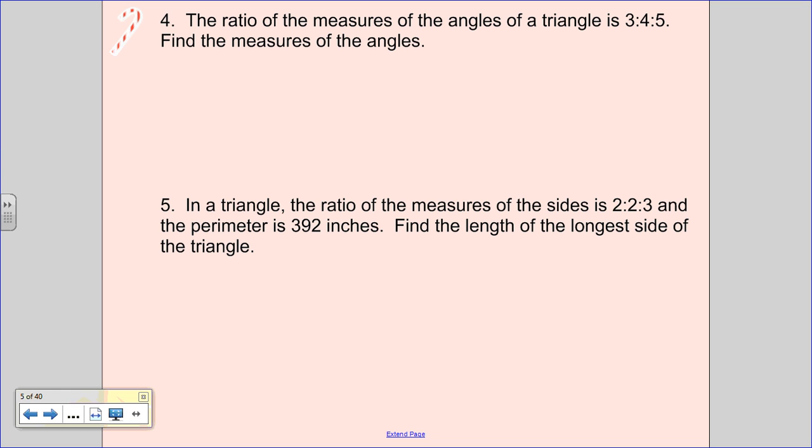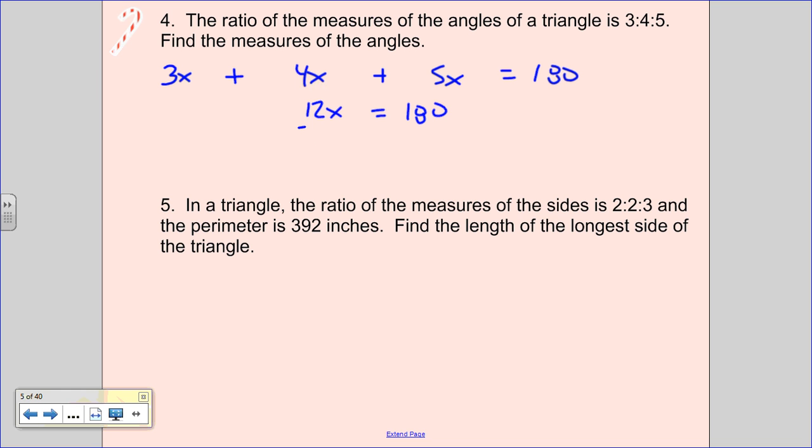Since we don't know the measures, we're going to say 3x, 4x, and 5x, with x representing the measure, and then if we find x, we can find each angle. So 3x plus 4x is 7x, plus 5x is 12x, and that's equal to 180.